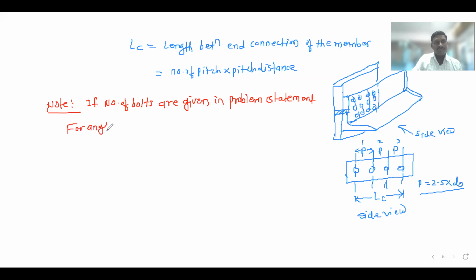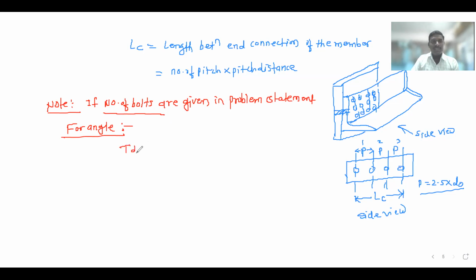So for angle, see, if this condition is given, number of bolts हे तुम्हाला problem statement मध्ये दिले असतील तर one formula is there, that is a different formula.